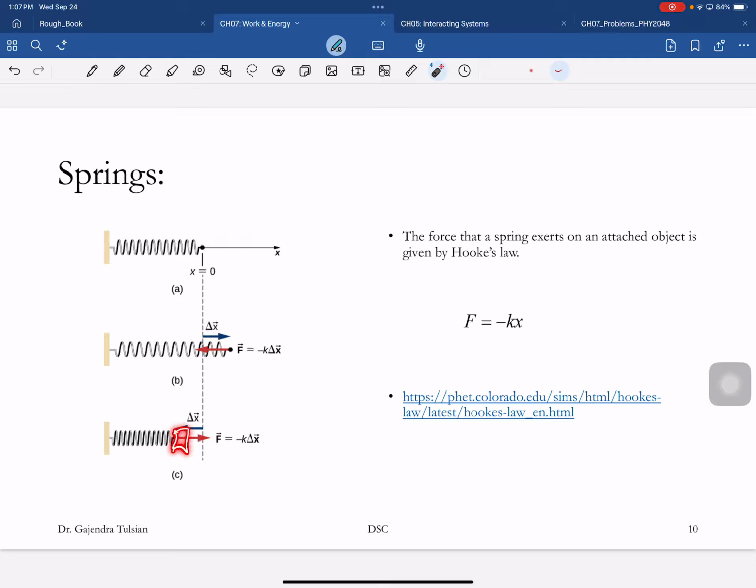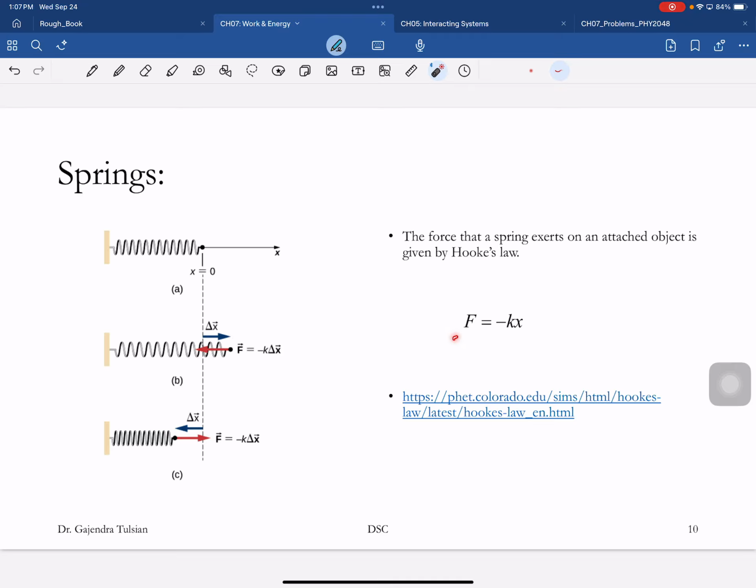If you compress the spring, it pushes in that direction. So if you disturb the object from the equilibrium position, the spring exerts a restoring force, bringing you back to your original equilibrium position. Some of you did a similar lab on Monday.